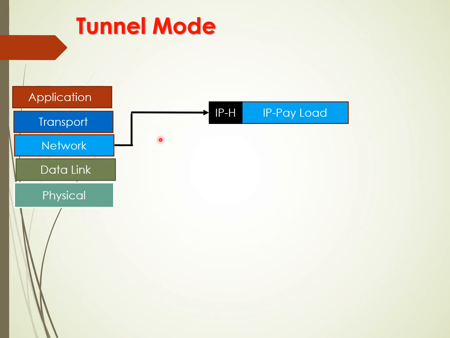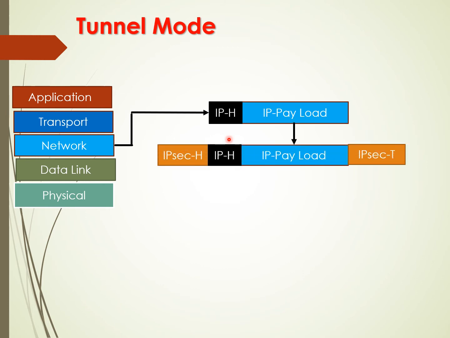So this is how we can see the payload or actual data after the data is transmitted from the transport layer to the network layer. Now, to these fields we are going to add two other fields or parameters, the IP security header and the IP security trailer. That is what we have done in the IP security layer.